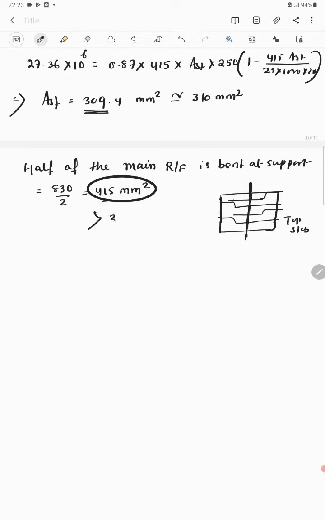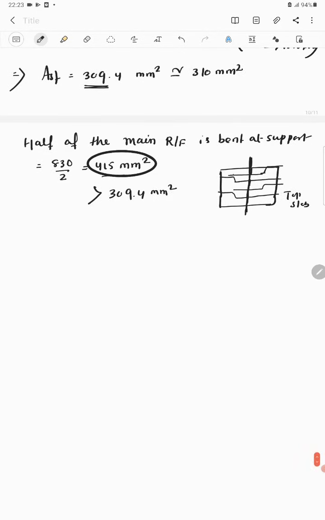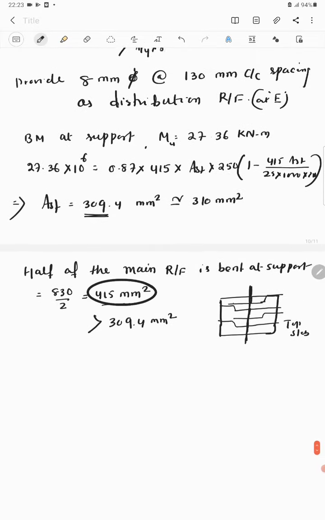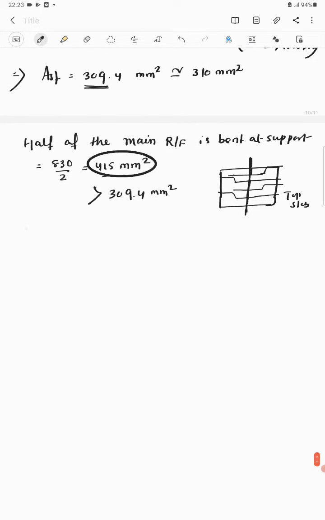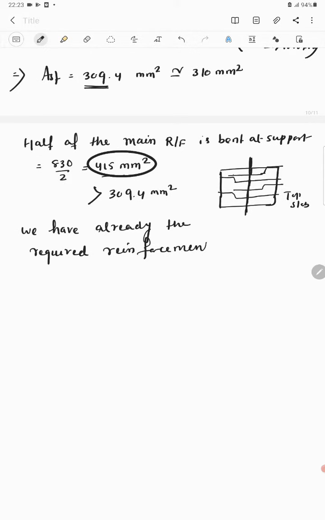So this is more than 309, which is already present at the support, so no need to provide some extra reinforcement at the support, because we have already the required reinforcement at the support.